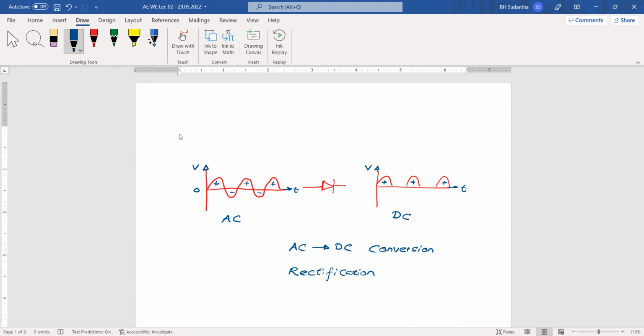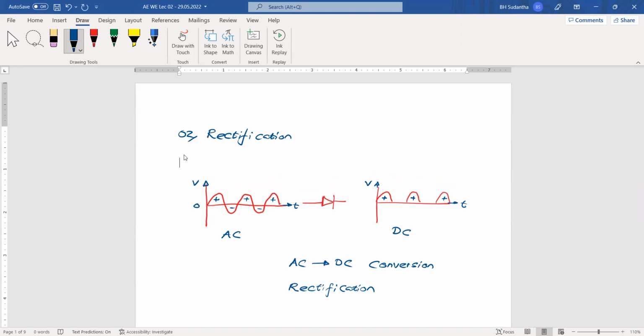The second application of diodes is rectification. When it comes to rectification, you can see here, when we apply the whole waveform, having both positive cycles and negative cycles, the resultant waveform contains only positive cycles.